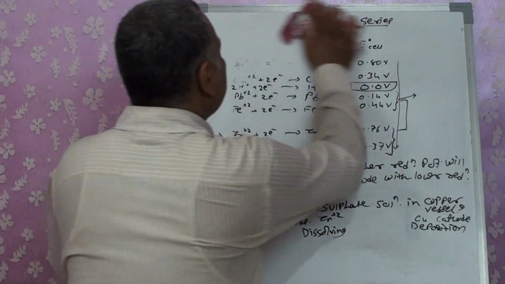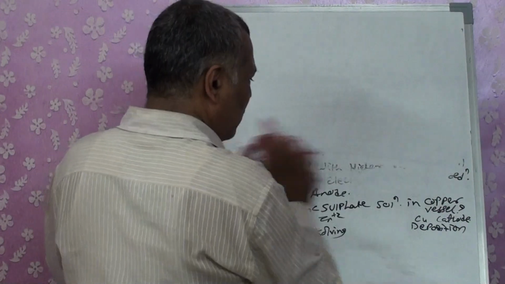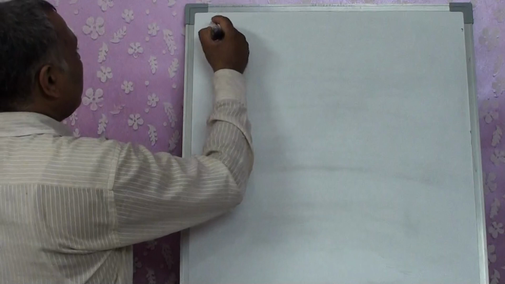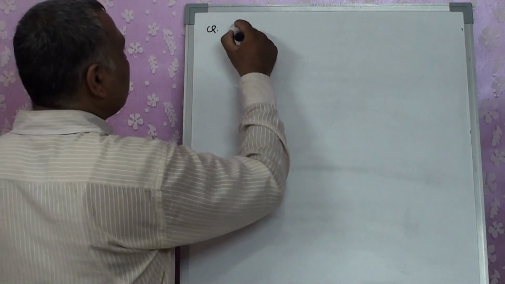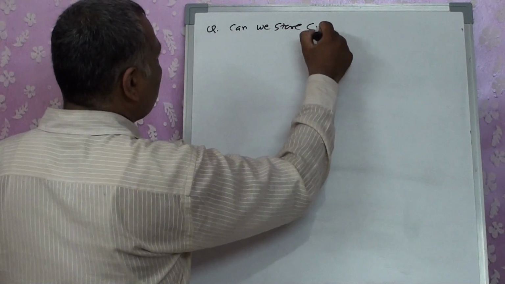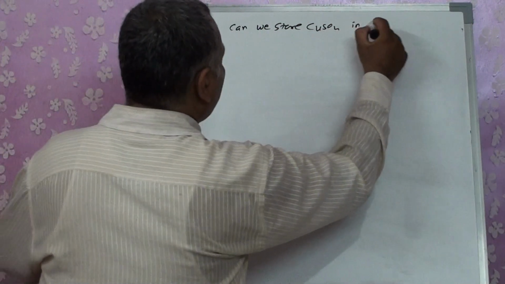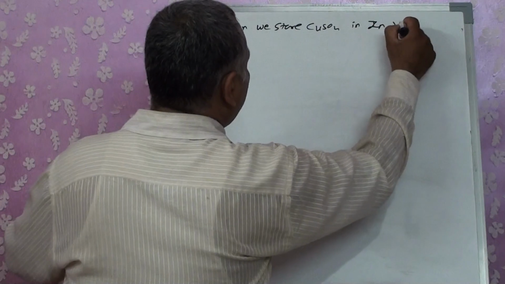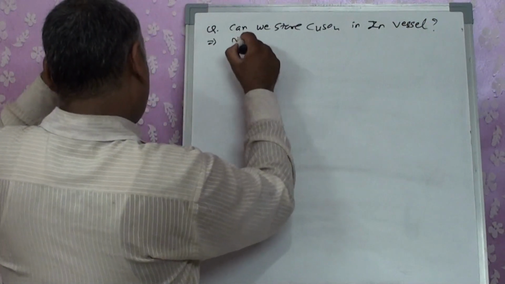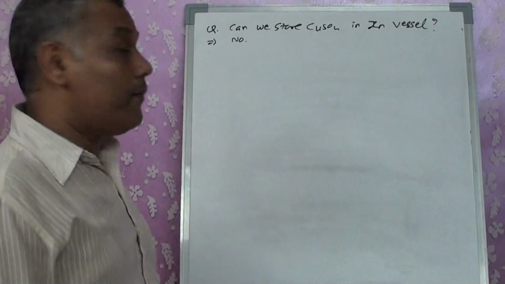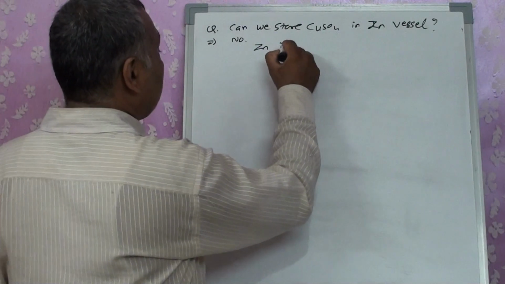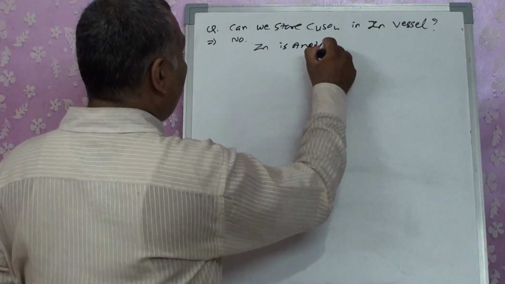Let's have another such question, so that you can understand what we actually want to say. Another question is: can we store CuSO4 in a Zn vessel? See, now this time the answer will be no. Why? Zn is anode.